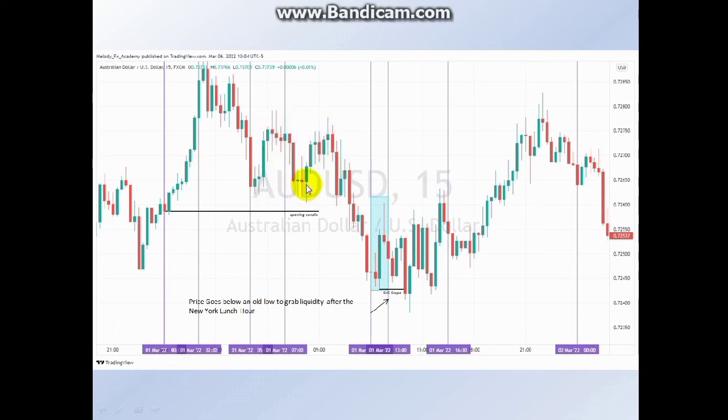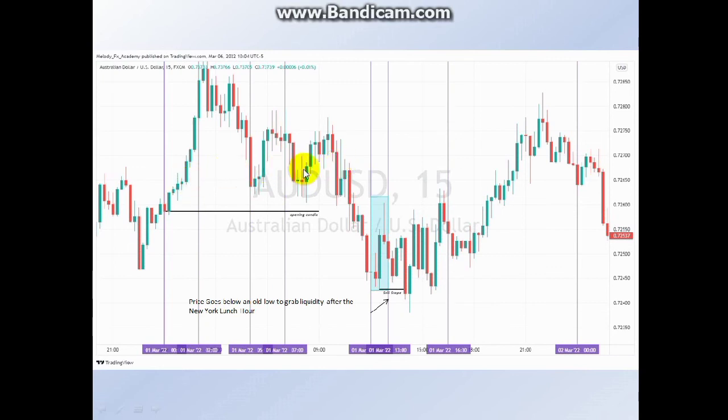So I'm going to be selling the tops. Okay, so price consolidated here a little, and between 12 o'clock in the afternoon, for our money trades there was no entry.